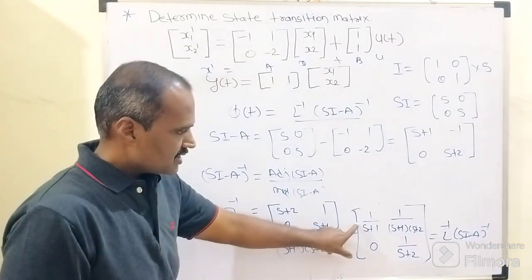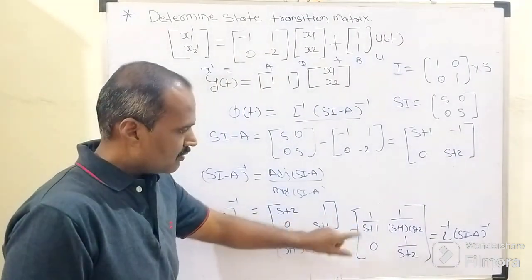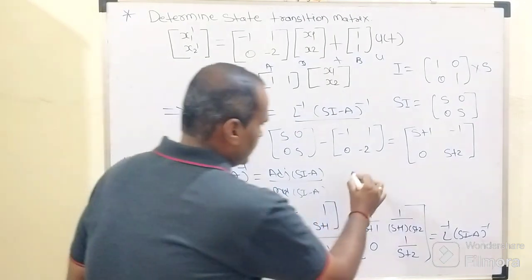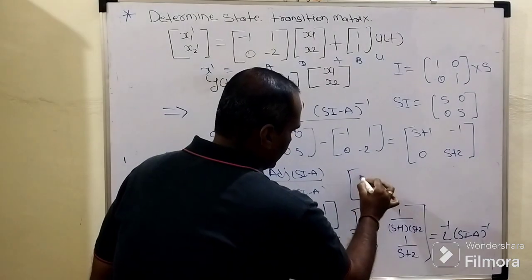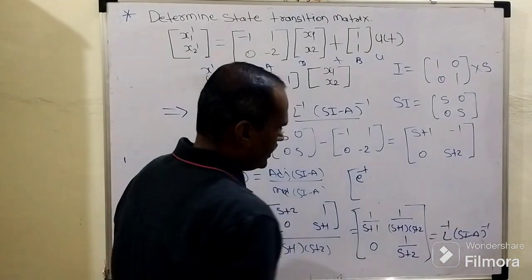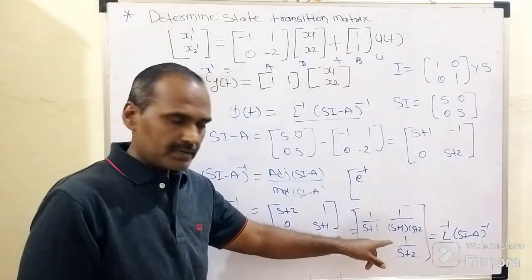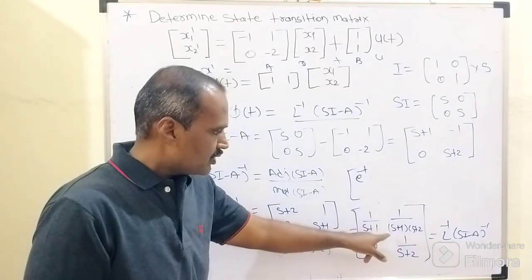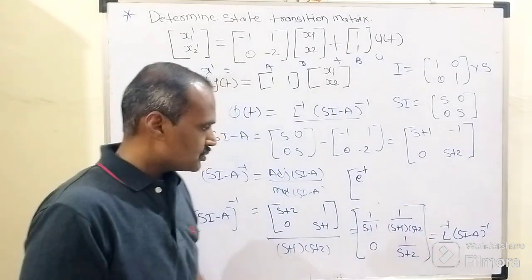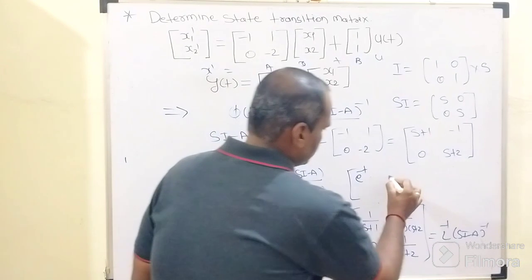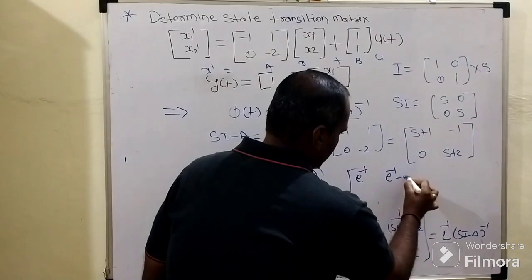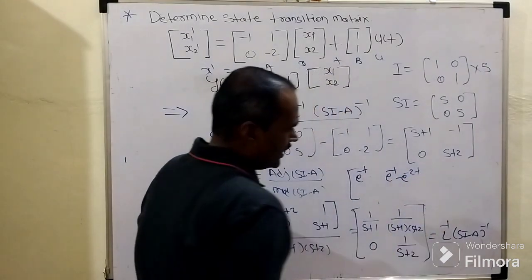For the term 1 over s plus 1, its inverse Laplace becomes e to the power minus t. The next term is 1 over s plus 1 times s plus 2, whose inverse Laplace becomes e to the power minus t minus e to the power minus 2t.